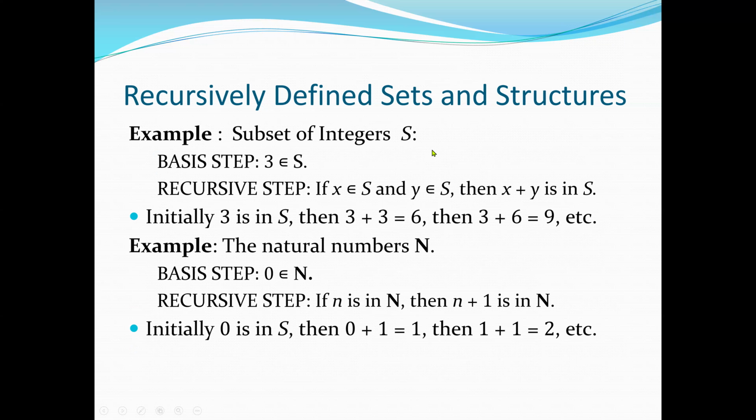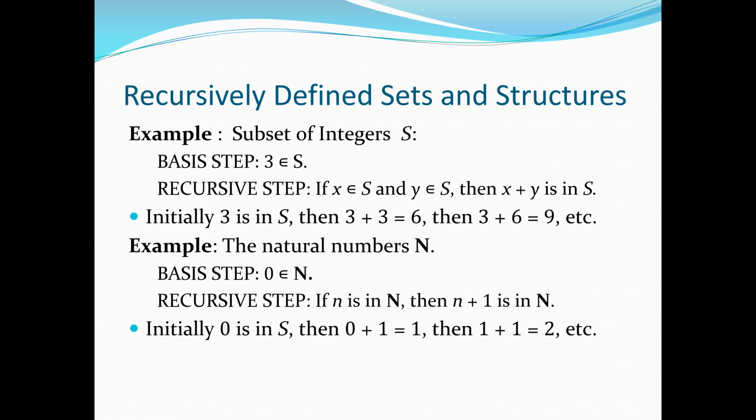So we have an example here also about sets and structures. Given a subset of integers S, the basis step says 3 belongs to S. And the recursive step says, if x belongs to S and y belongs to S, then x plus y is in S also. So we can see our rule here.